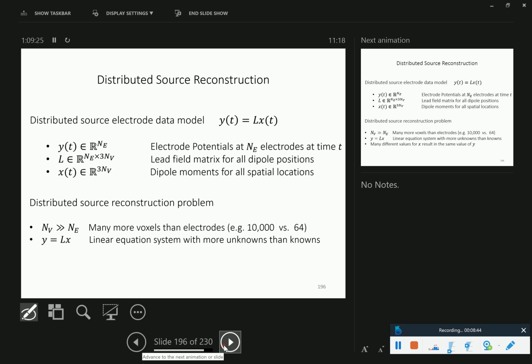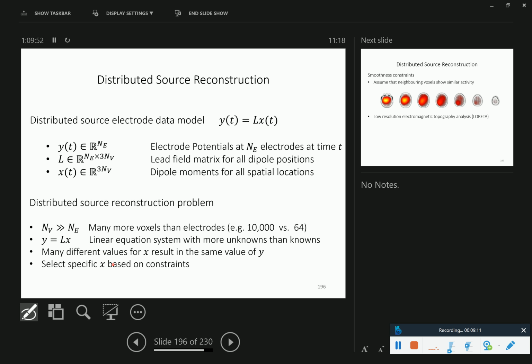If you have more unknowns than knowns, then you can use the theory of linear algebra of linear equation systems, or you can just intuitively think: if you want to know 1000 values, but you only get 3 from which to determine them, then you might have many ways to do that. And hence you have to select constraints, and these are the ones that we discussed. So you select specific x's.